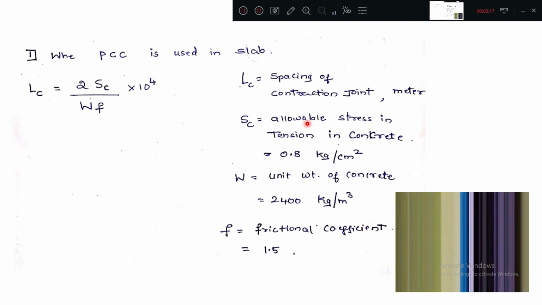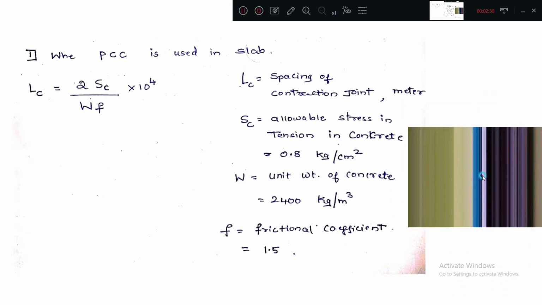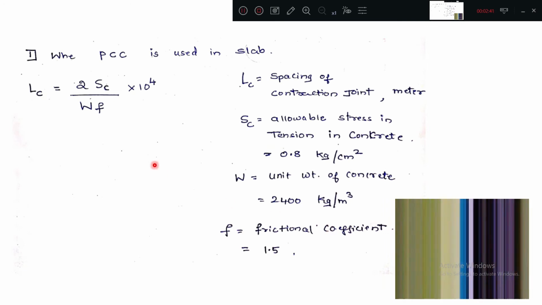SC, allowable tensile stress in concrete, is generally taken as 0.8 kg per centimeter square. W is the unit weight of concrete, generally taken as 2400 kg per meter cube. F is the frictional coefficient, generally taken as 1.5.